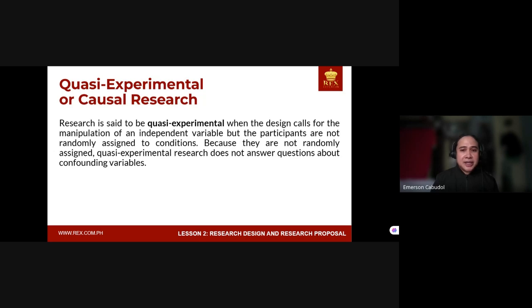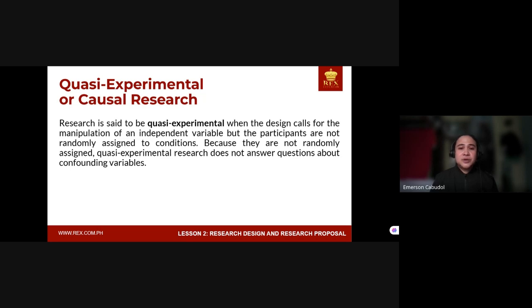Pre-implementation data, like sales records, can serve as the baseline, and post-implementation data can be collected to assess the strategy's impact. In this scenario, the independent variable is the new marketing strategy, and the dependent variable is sales revenue.